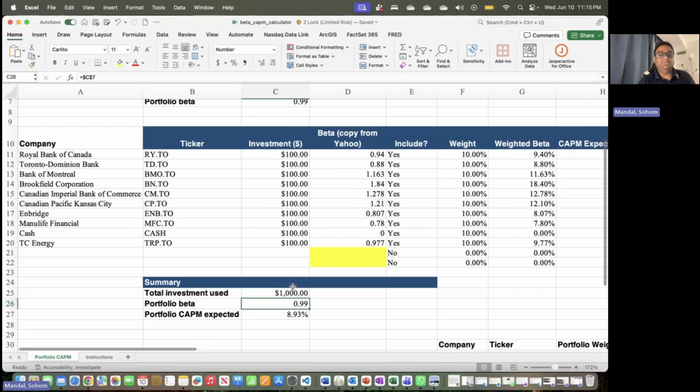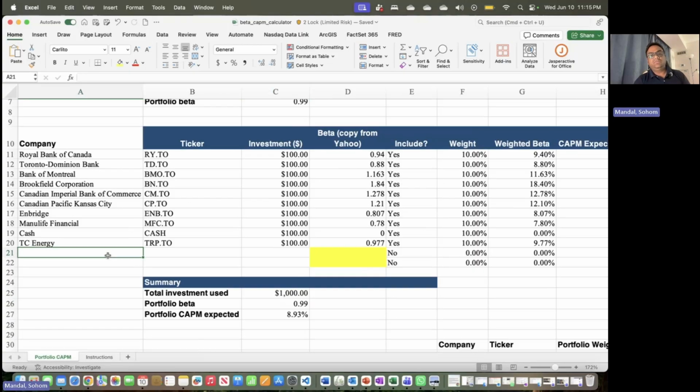But now the interesting fact: these are mostly not very volatile stocks, unlike a tech stock. So if I add a tech stock, let's put Microsoft.